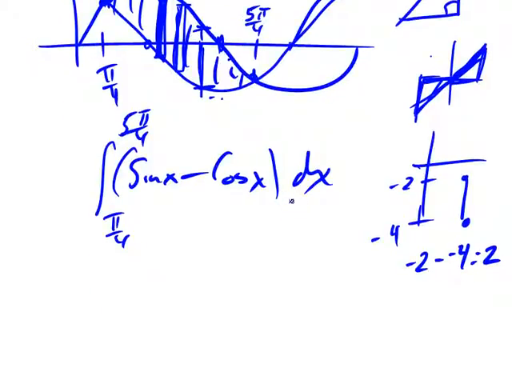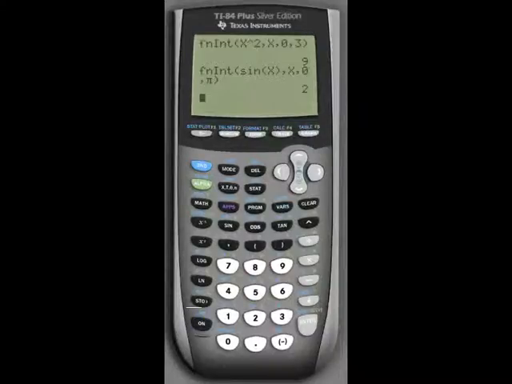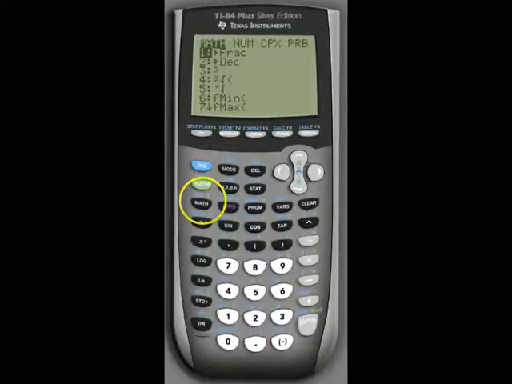I am going to break down and use my calculator on this one and try something. I'm going to do math, function int. I've got sine of x.